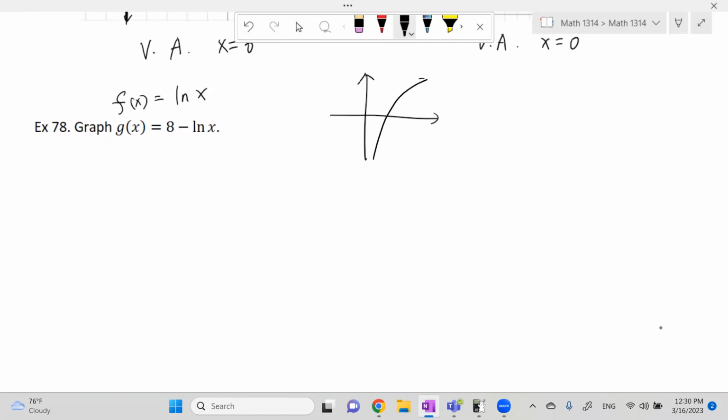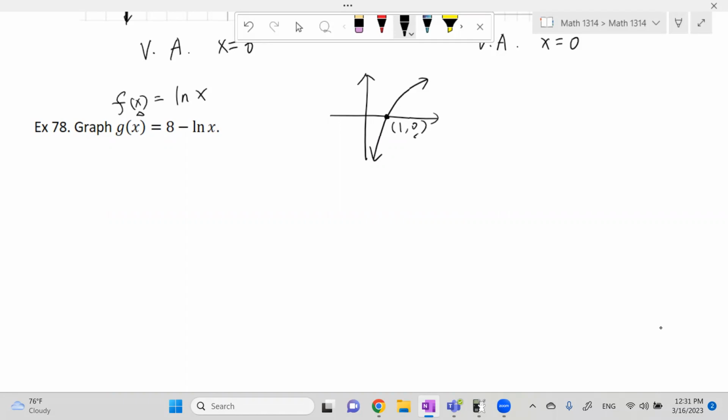It is a function like this because for ln the base is e, and e is greater than 1. I have an increasing function, and it always passes through the point (1, 0), because if I input 1 here, ln 1 is always 0.